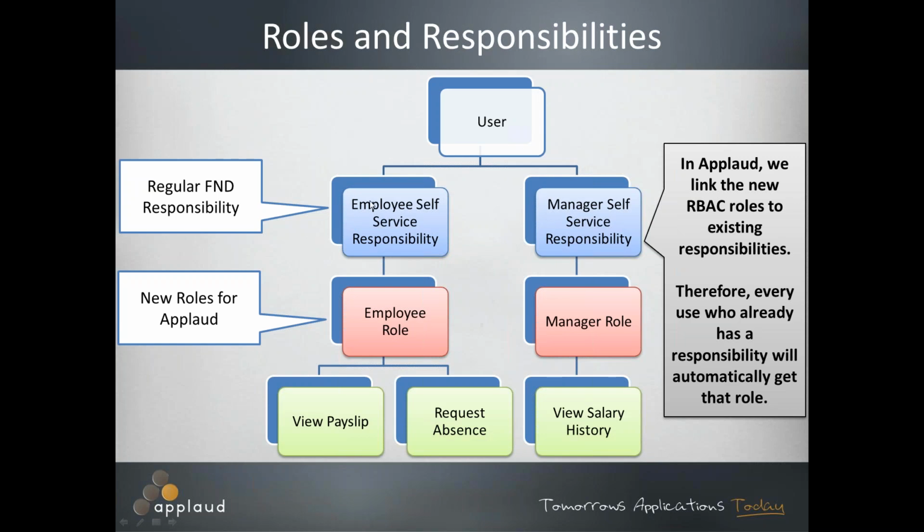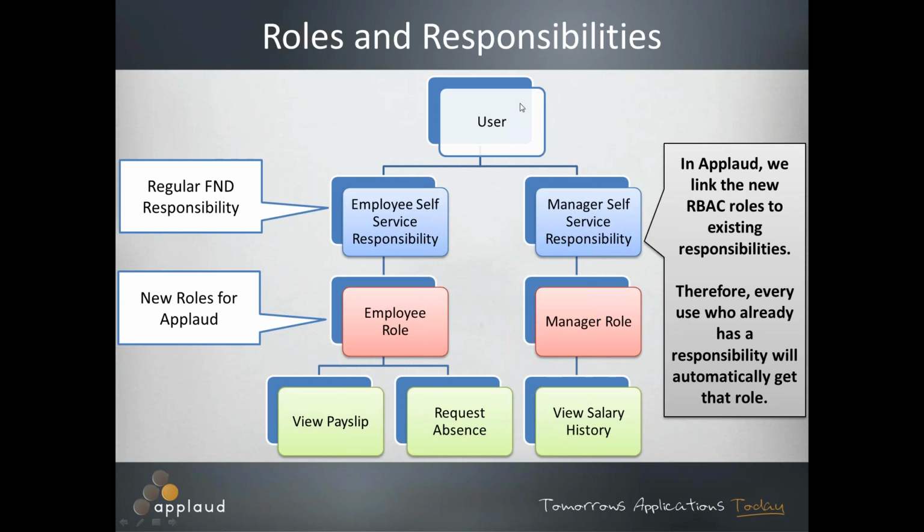If you've rolled out self-service already, then all your 10,000 users will have one of these or both of these responsibilities. So what we do is we attach an Applaud role to the corresponding responsibility, and then if that user has that responsibility, they inherit everything underneath.